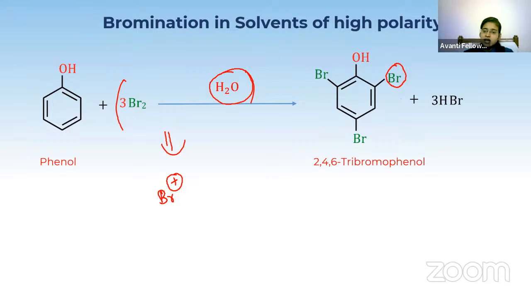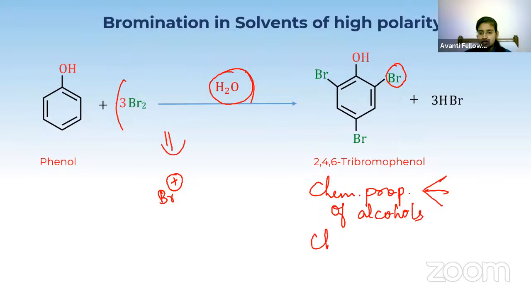What we have studied today are some of the chemical properties of alcohols, and there were 3 reactions in the chemical properties of alcohols. Then we entered the chemical properties of phenols, and under them we have covered 2 reactions of one type, which is called electrophilic substitution.